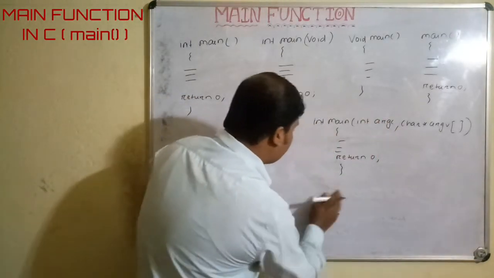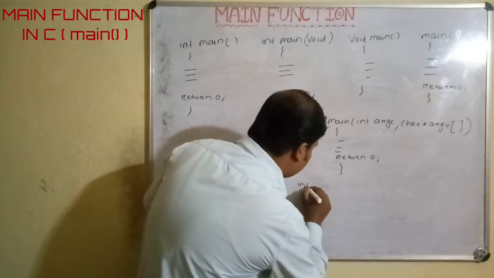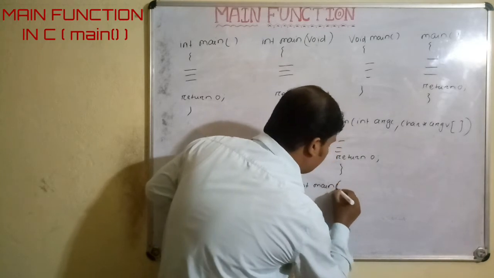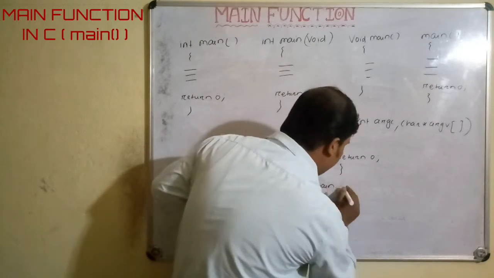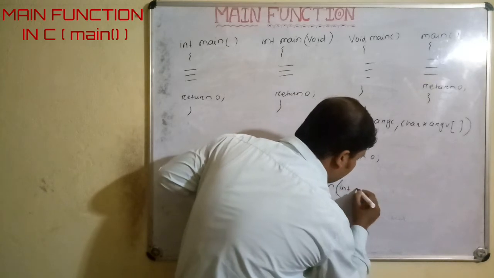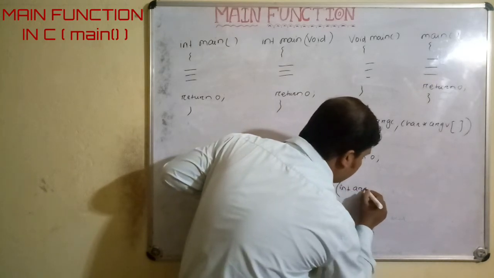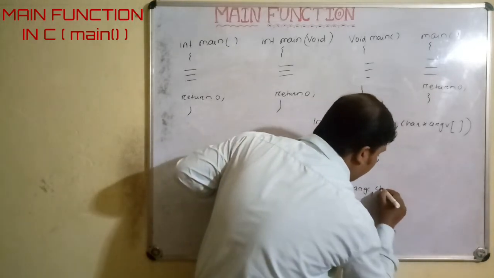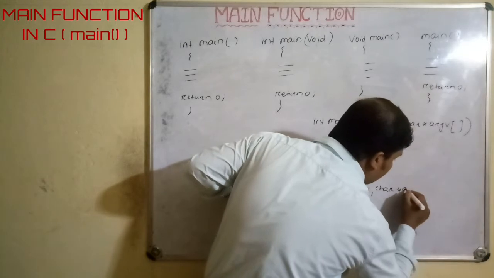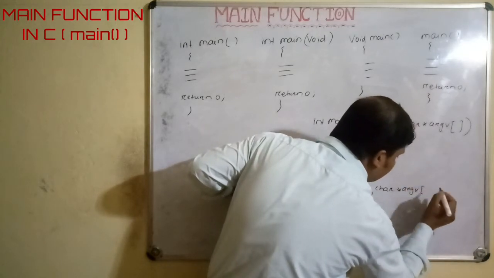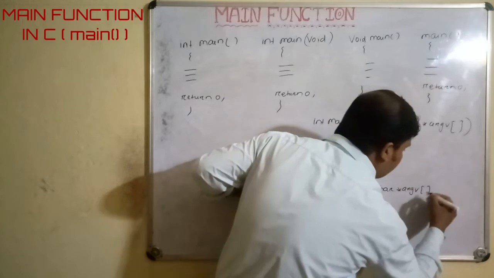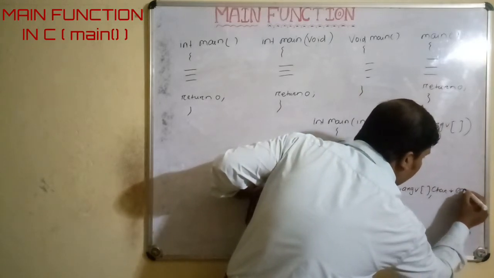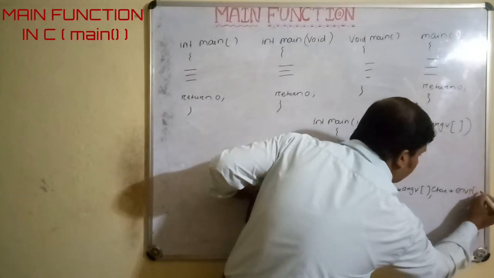Another syntax you may write is int main, then int argc, then comma, char star argv, then char star envp.